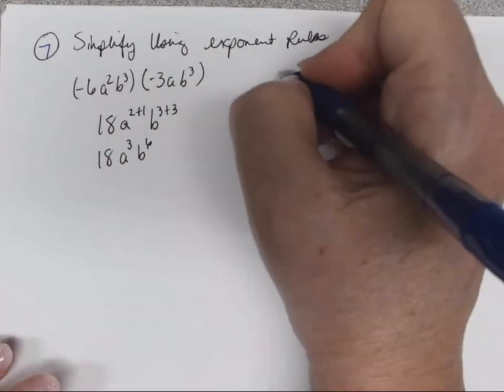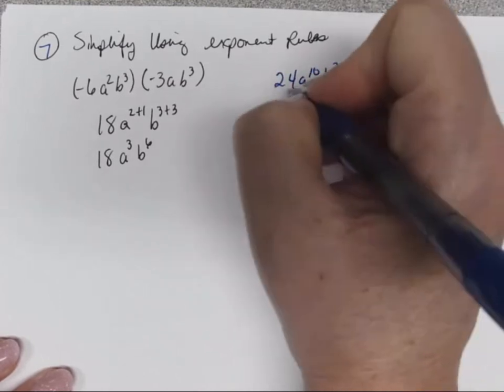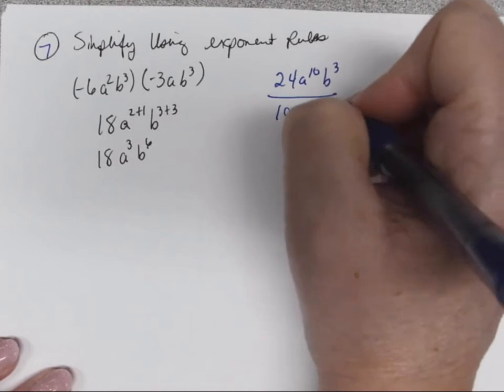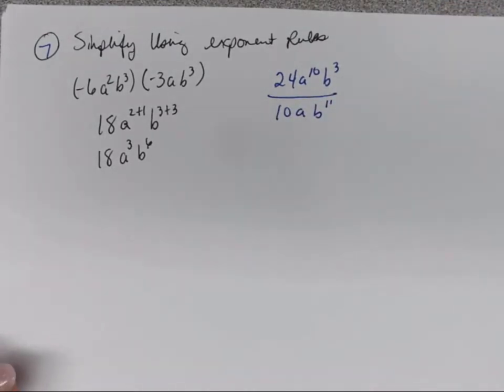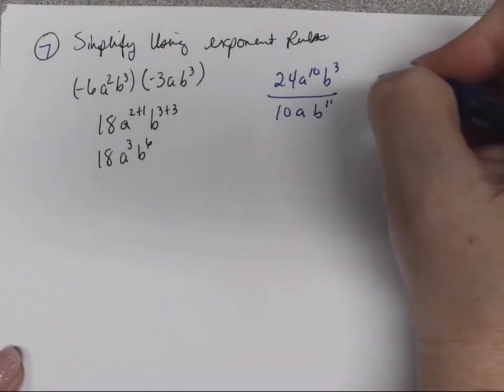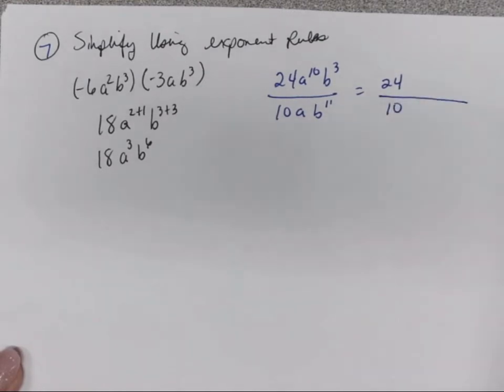All right, let's look at 24a to the 10th, b cubed, divided by 10a, b to the 11th. So for here, we're going to look at our numbers, and we'll get to those here in a second. So I'm just going to put 24 over 10.